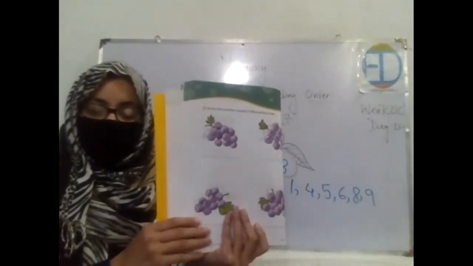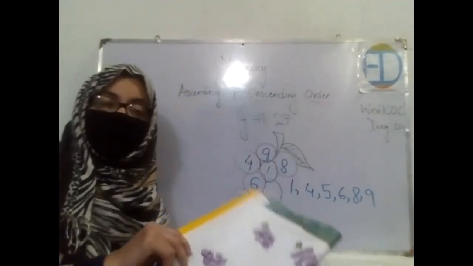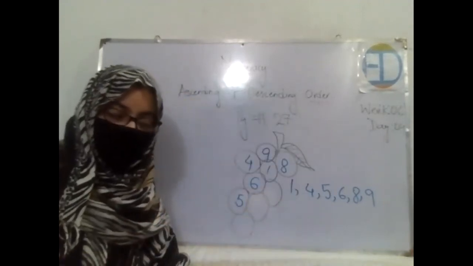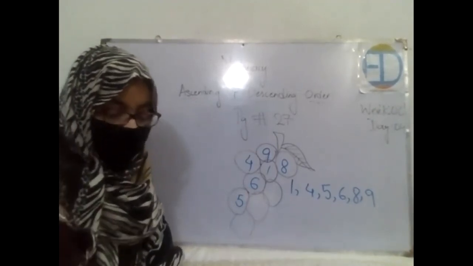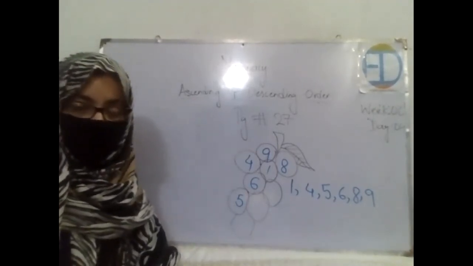This page has exercises related to descending order. Now the first one is already solved for you. I'll be writing the second one for you, and then you will do the next two by yourself.